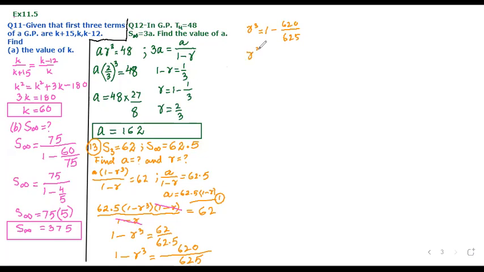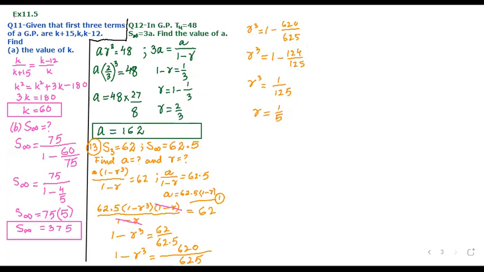So r cube will be equal to 1 minus 124 upon 125. So r cube will be equal to 1 upon 125. So finally r is coming out as 1 upon 5.